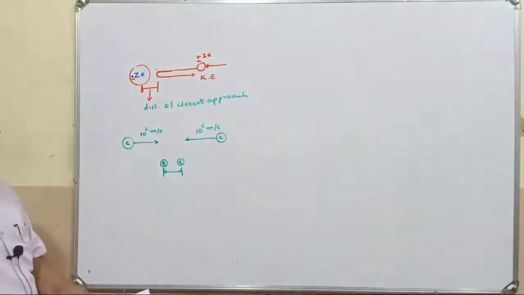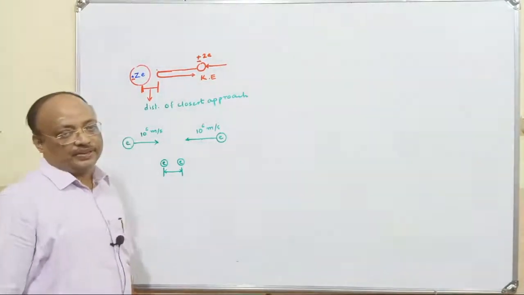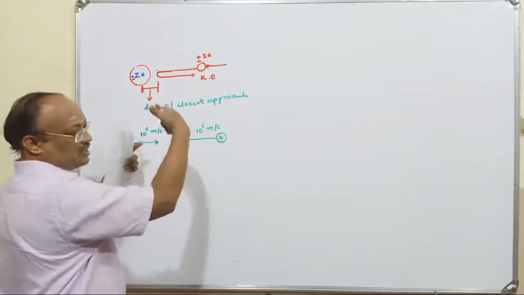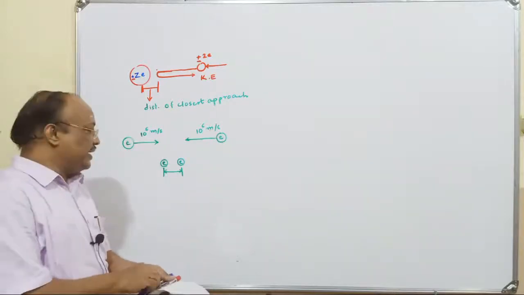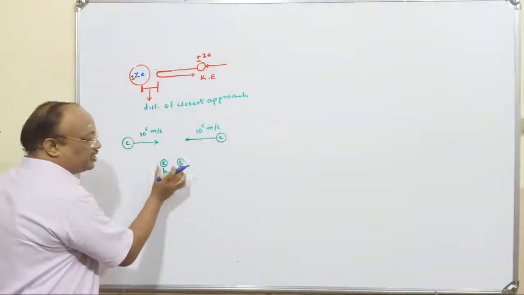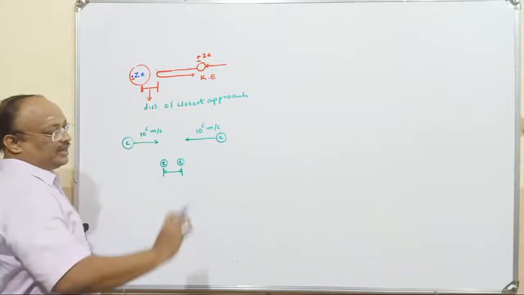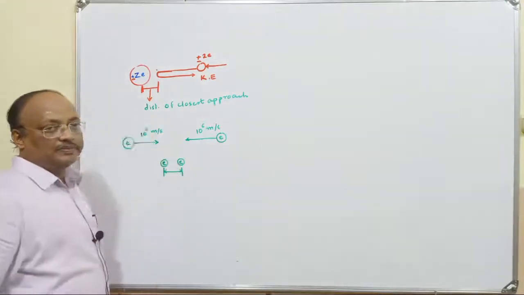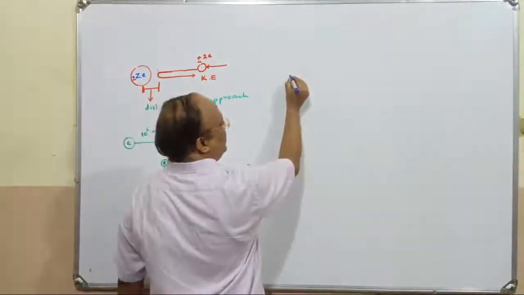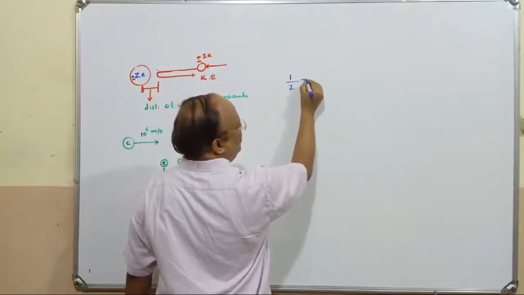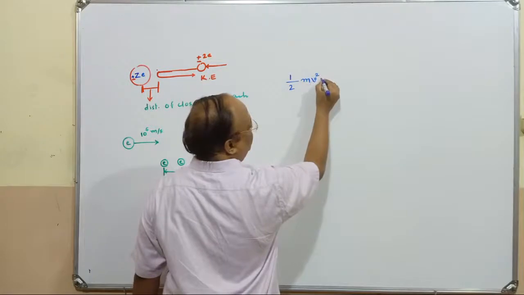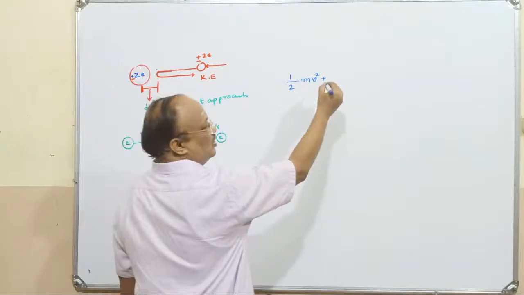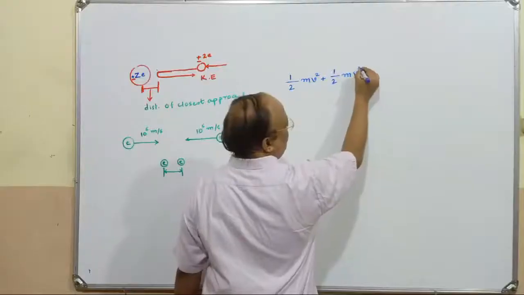Okay, so from the law of conservation of energy, the kinetic energy of these two charges is converted into potential energy. Kinetic energy of the first electron is 1/2 mv square, plus the other electron's 1/2 mv square.